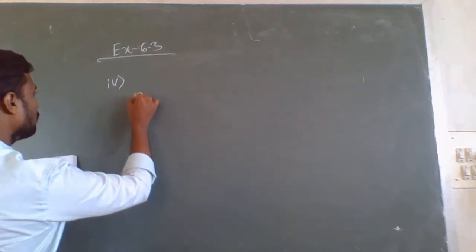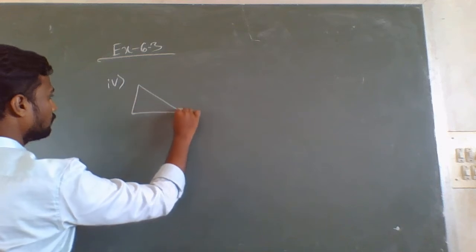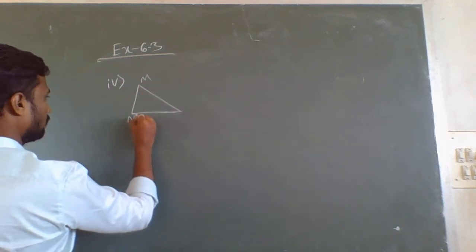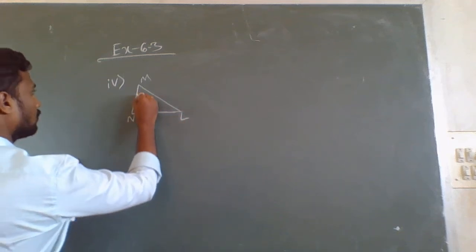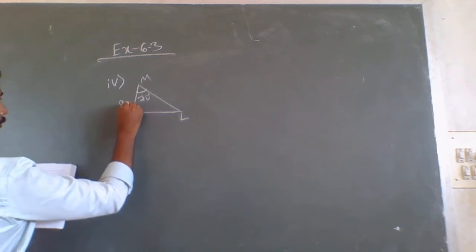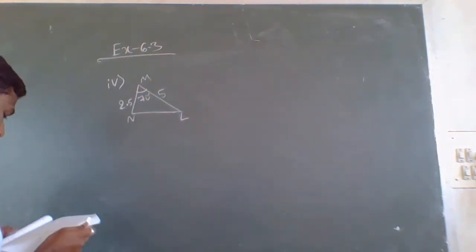Triangle MNL: angle M is 70 degree, this side is 2.5 centimeter and this is 5 centimeters.